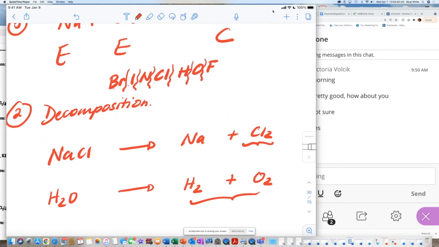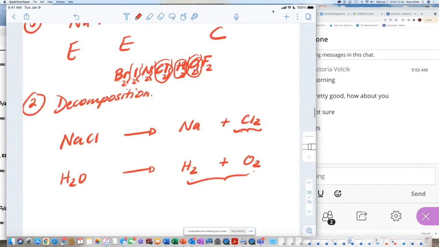When these elements are by themselves, they exist as diatomic. So only these are diatomic. That means when you see them by themselves, they will always have a 2 below them like that. So you see chlorine, this one here has a 2. Oxygen has a 2. Hydrogen has a 2. If we have fluorine somewhere in here, it'll have a 2 because it's part of that Brinkelhoff family.